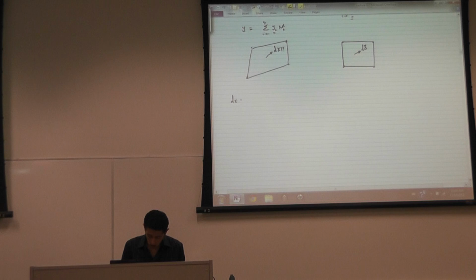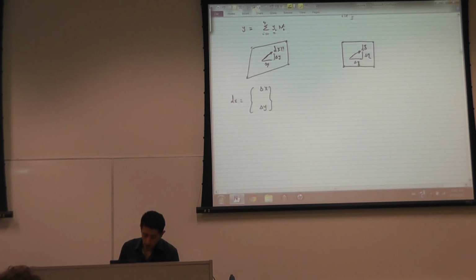This vector dX is equal to delta xi, delta eta. I'm interested in the corresponding delta x and delta y.